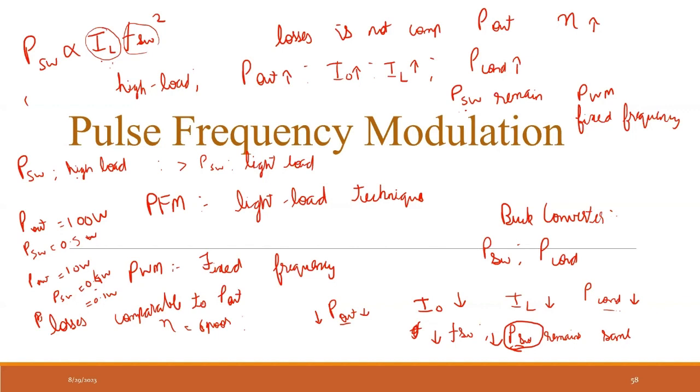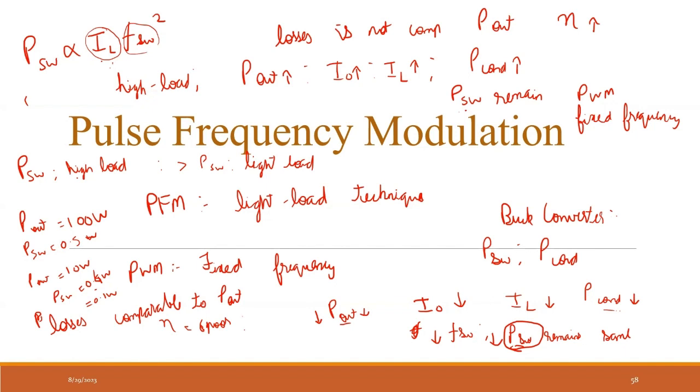But when it is at light load, I'm hardly using my mobile. It's just on standby. And if it is still operating with high switching frequency losses, then it will drain my battery. So I don't want that to happen. So when it is at light load, they use light load control techniques, light load modulation techniques, so that the losses will be less. Like many of these devices, smartwatches and other gadgets, for a vast majority of the time they're hardly operating, just on standby.